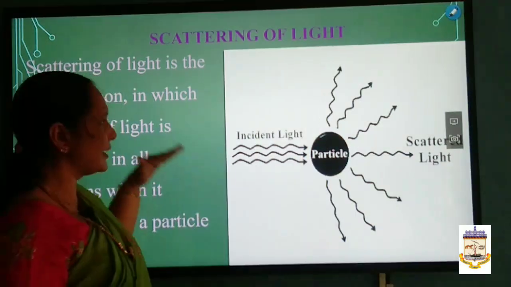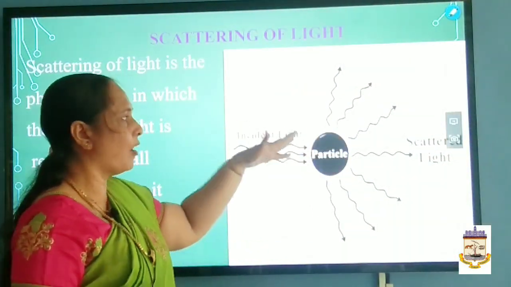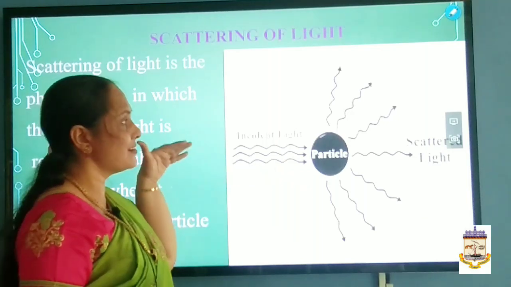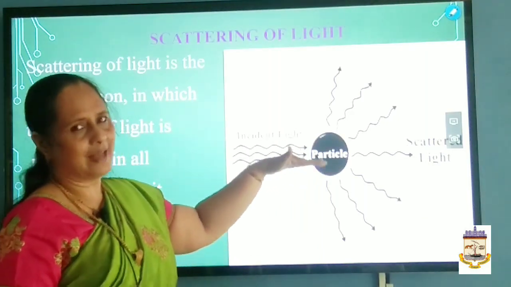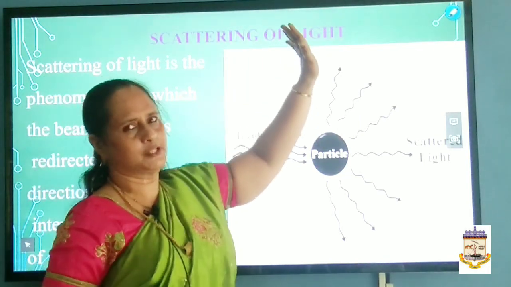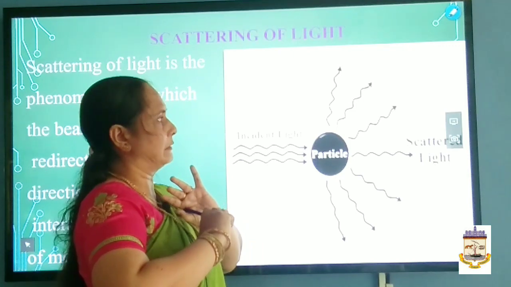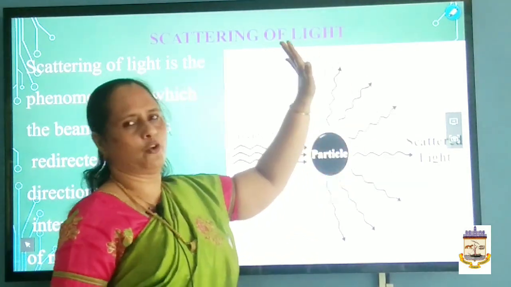When the light falls on the particle, what happens? All the rays interact with the particle, therefore they get deviated in all directions. Clear, children? This deviation is known as the scattering of light.